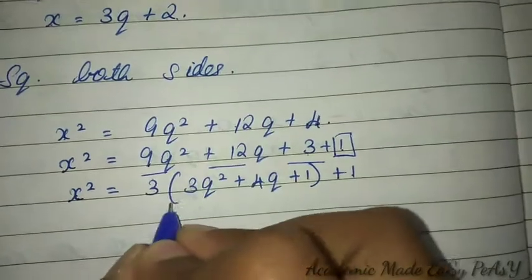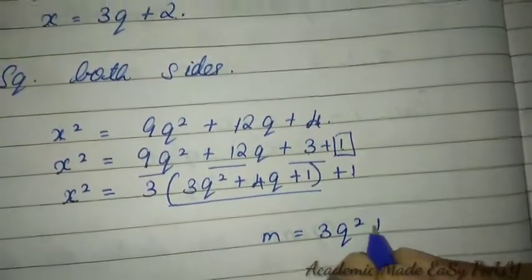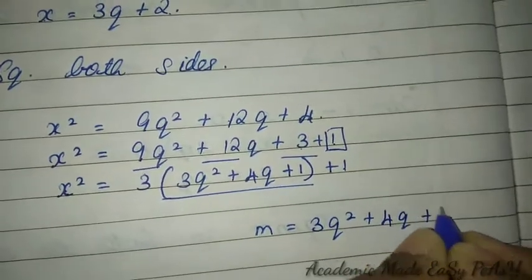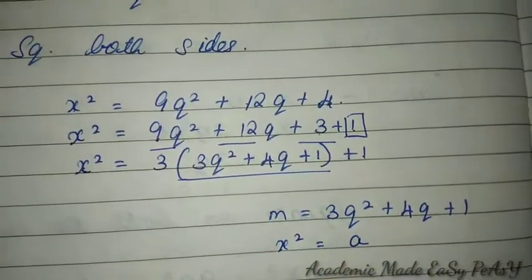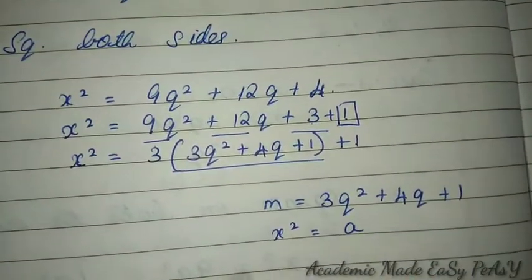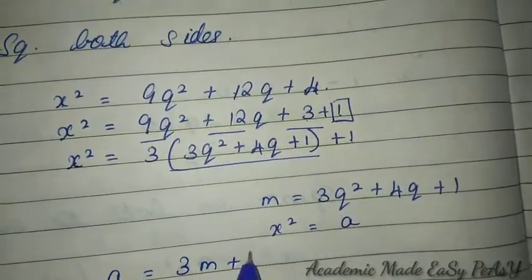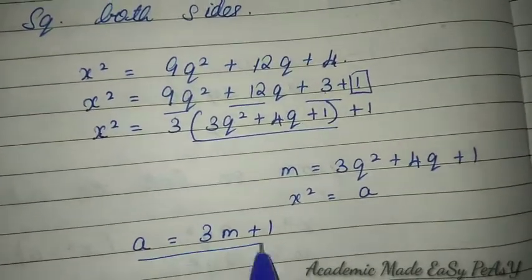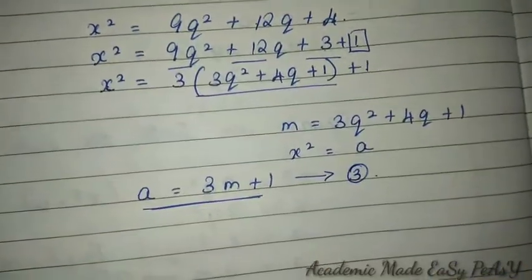Okay, so now I will assume that m is equal to 3q square plus 4q plus 1, and x square is equal to a. Okay, so if I apply all this, I will have a is equal to 3m plus 1. So this also I got, where this will be my third equation.